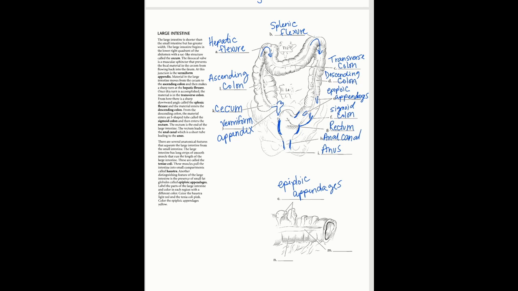So that muscular line that follows is the Tenia coli, or Teniae. And then all of those compartments that you see throughout, like this right here, each compartment is called haustra.